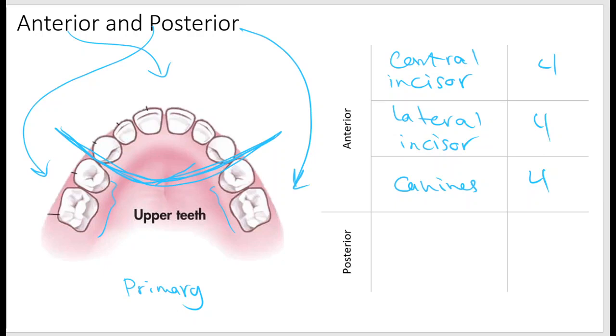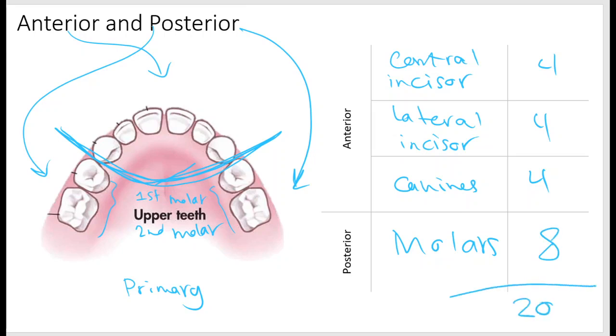But the main difference here is that we don't have premolars. We only have first molar and second molar. So we don't have premolars, and molars here are 8. So if you add this up, you'll get to 20, which is the number of the primary teeth.